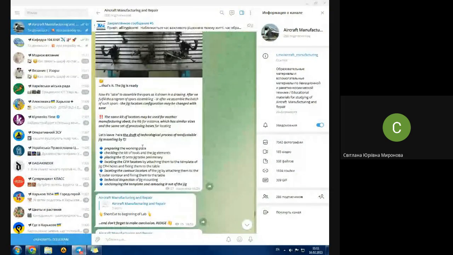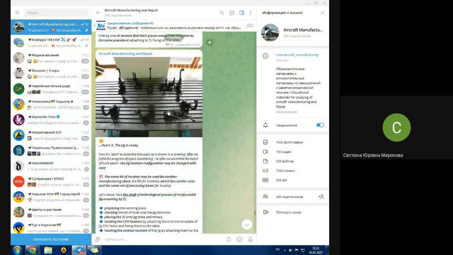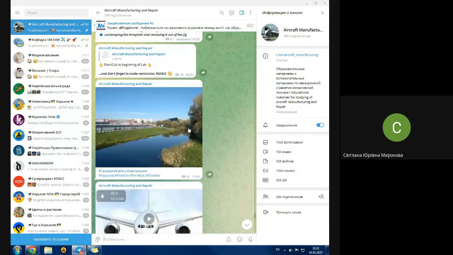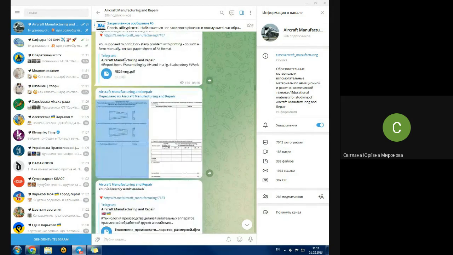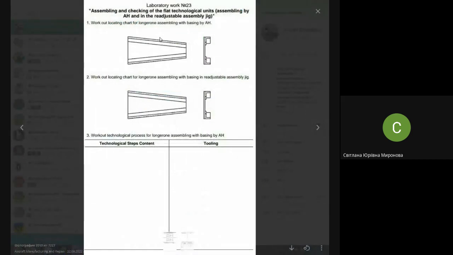And here you have once again an explanation of this technological process that you need to describe in your laboratory class. Technological process of mounting the jig. So once again, let's come back. Where is the shortcut to the beginning of the lab. What you need to do? You need to make a locating chart for the spar and to write the technological process of assembling the spar by assembly holes.